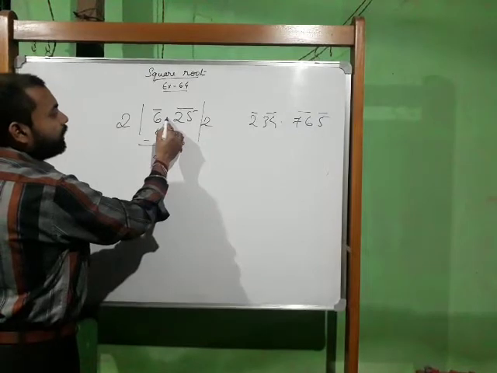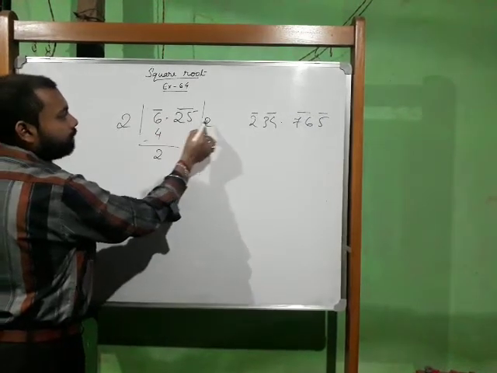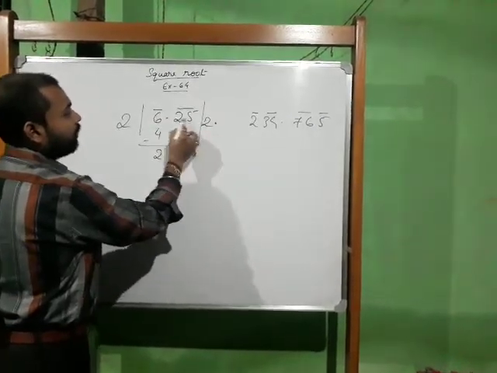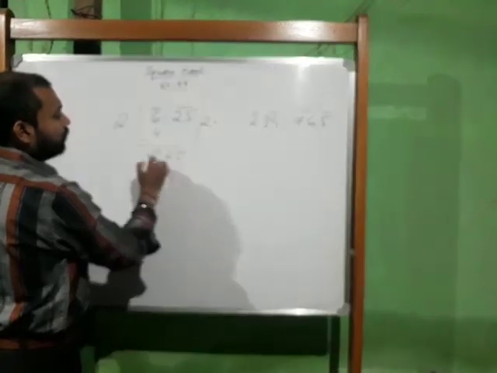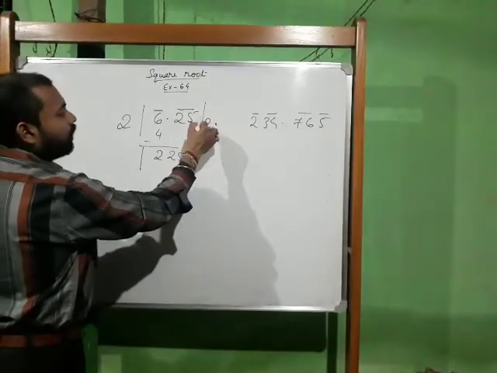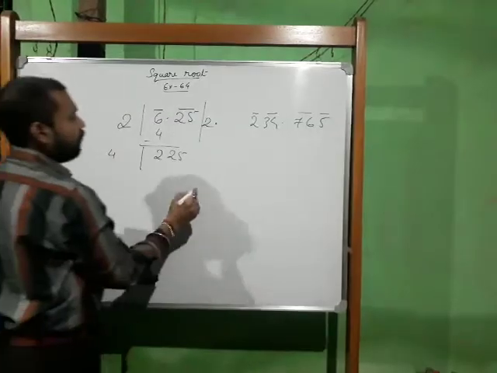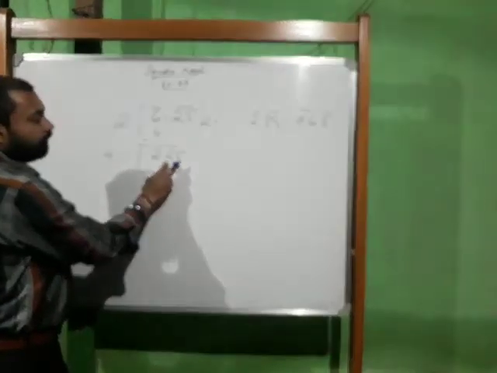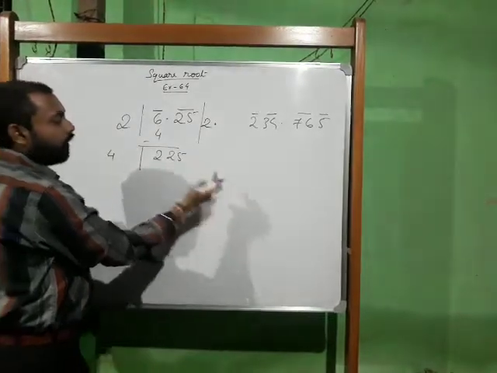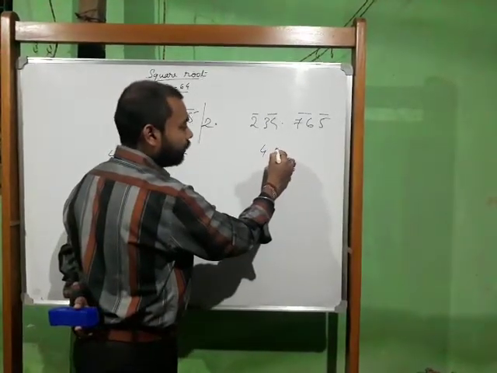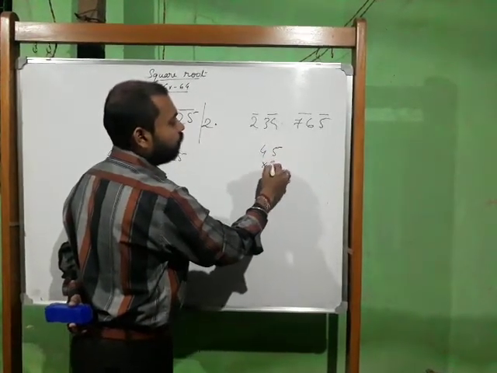Now what will happen here? The decimal point will come here, and this 25 will come down. Now what is double of 2? It is 4. So write 4 here. Since the unit place is 5, we have to write 45 into 5.